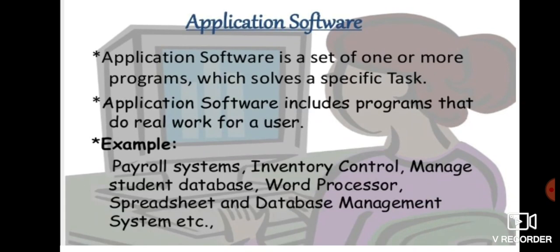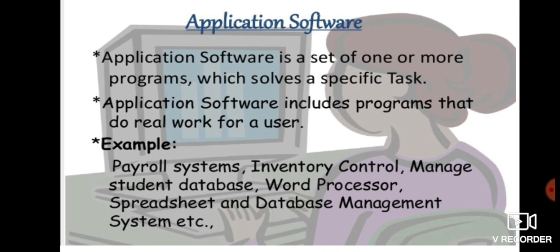Now comes the category of application software. Application software is a set of one or more programs which solves a specific task. Remember students, application software are for specific tasks. Specific tasks need specific software which are characterized as application software. Application software includes programs that do real work for a user.